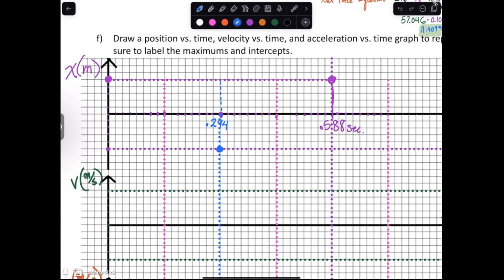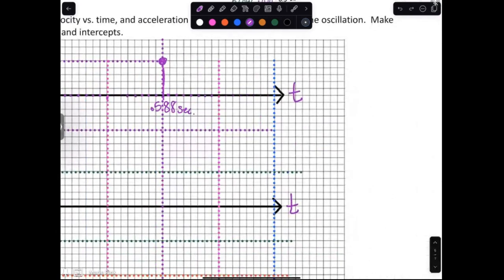All right. And then when you pull this back, you should think about how, okay, it's not moving at that point in time. And then just remember that the slope on a position versus time graph is the velocity, and the slope on a velocity versus time graph is your acceleration.